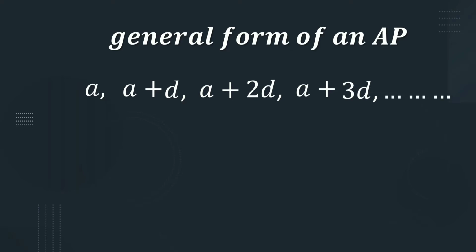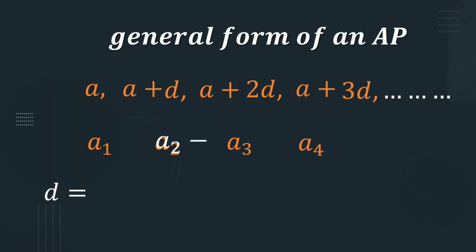A plus n minus 1 into d is the last term or nth term. First term is a, second term is a plus d, third term is a plus 2d. Fourth term is a plus 3d, and so on.